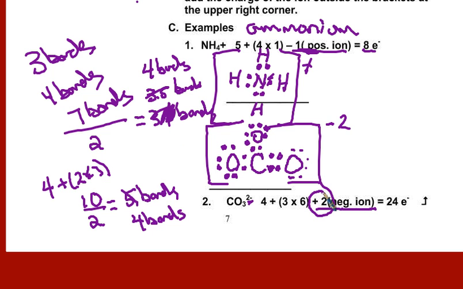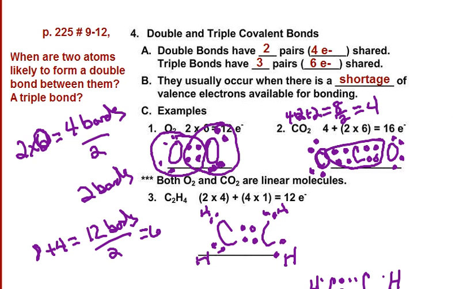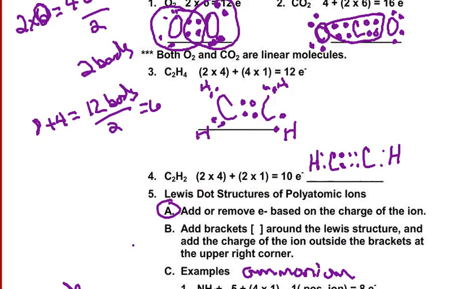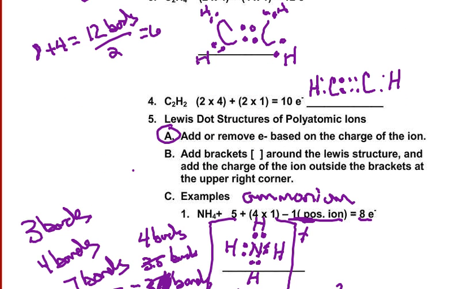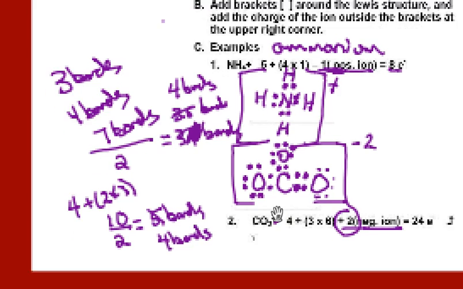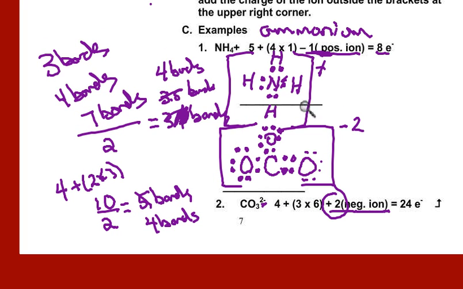Down here, because we added 2 electrons, we needed to share 1 less bond, and so we were back at 4 again. So if you have issues with that part down here, let me know, and I can explain in better terms about the honk rule and adding electrons or taking electrons away, and how many bonds it's going to make.